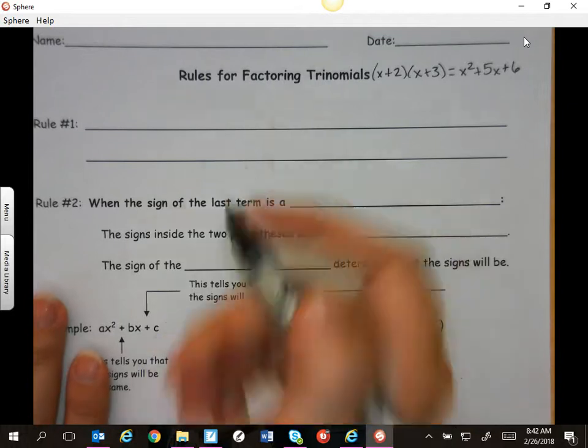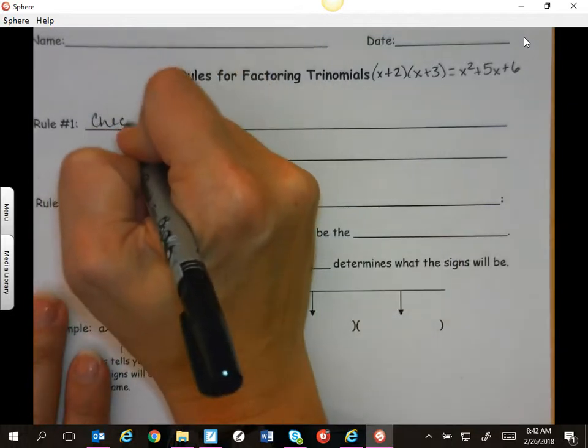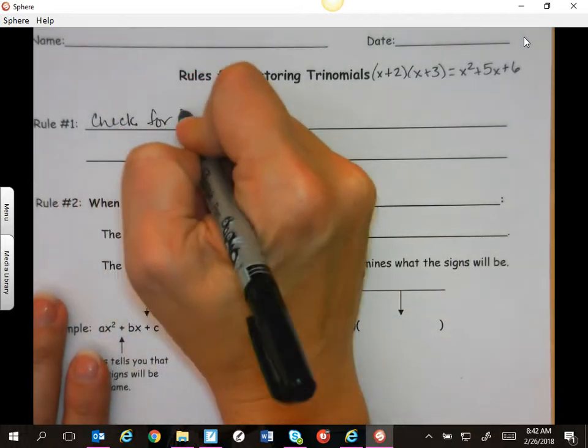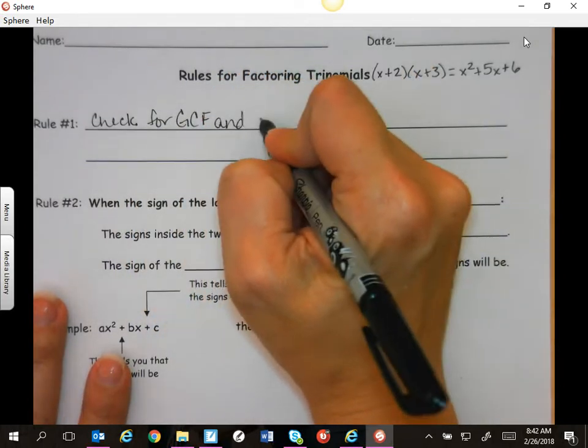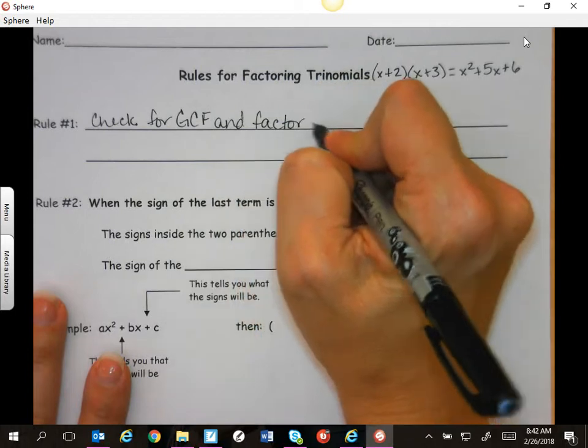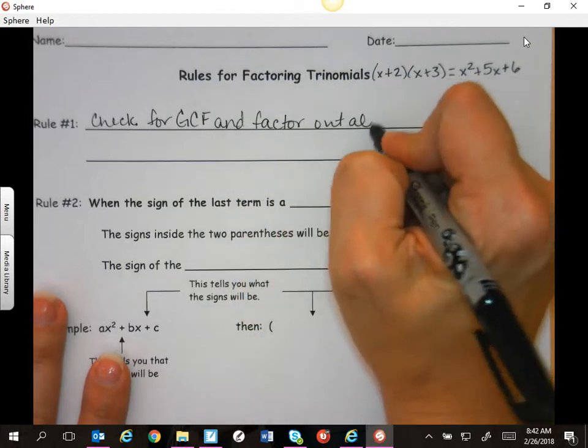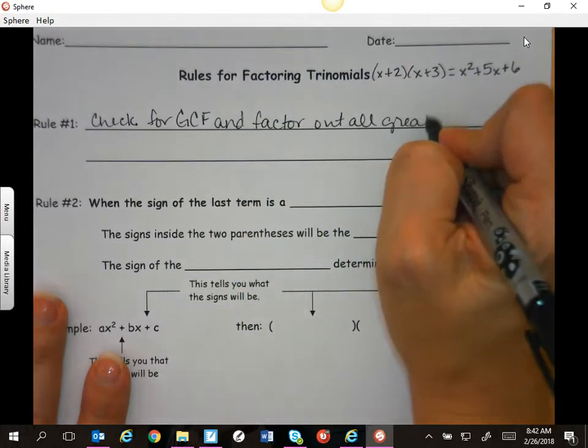The first thing you need to do is check for a GCF. Okay, we've done this before. We need to factor out all of the greatest common factors.